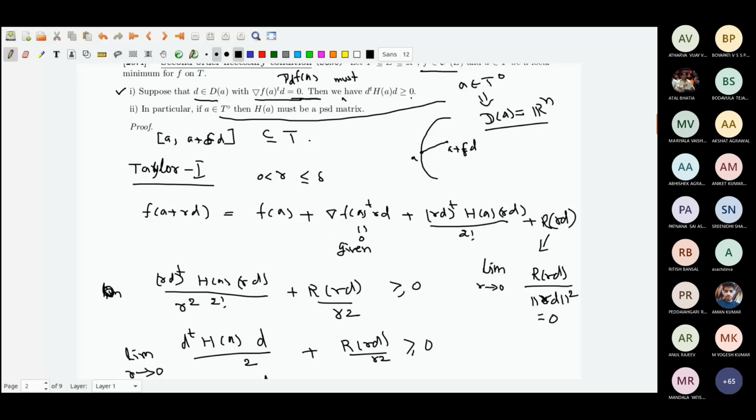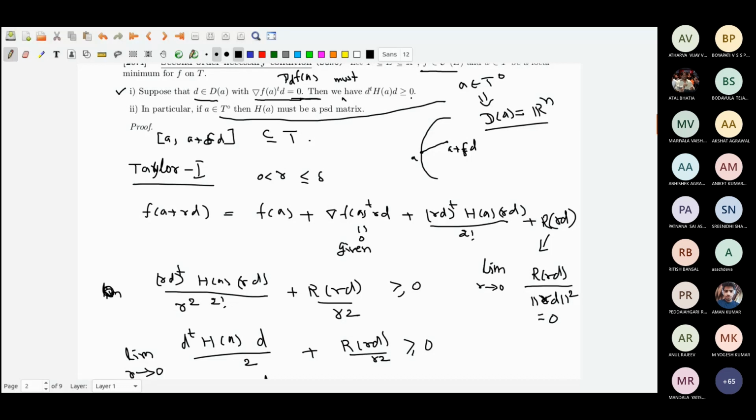If I know that for all complex vectors x, x transpose Ax is greater than or equal to 0, then that is by definition positive semi-definite. But here, for all vectors D in Rn, I am saying D transpose HA D is greater than or equal to 0. That is not the definition.